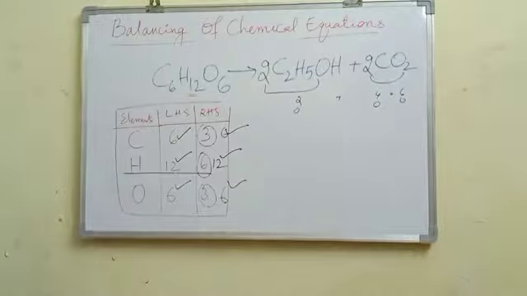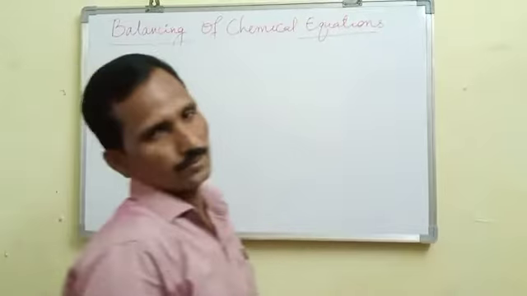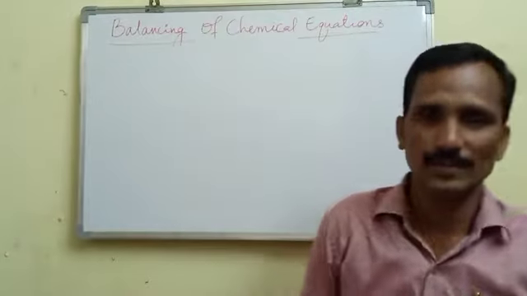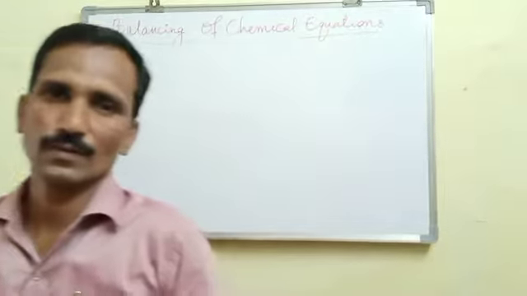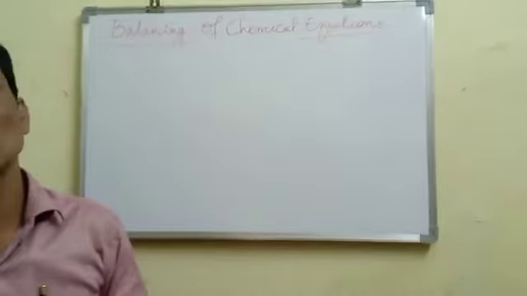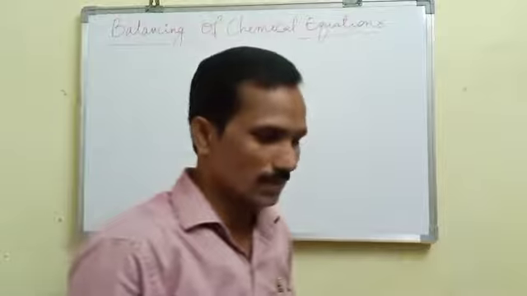This is the easiest method. According to our textbook, we have to choose the more complex substance, but it is not easy in all cases. So to balance, choosing the more complex substance is not always useful.